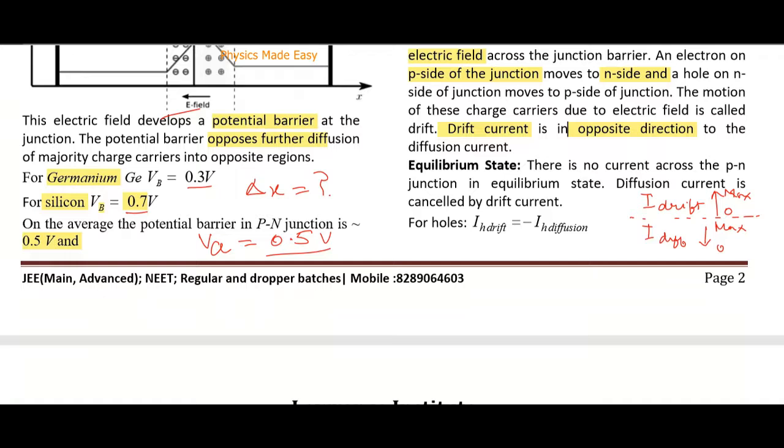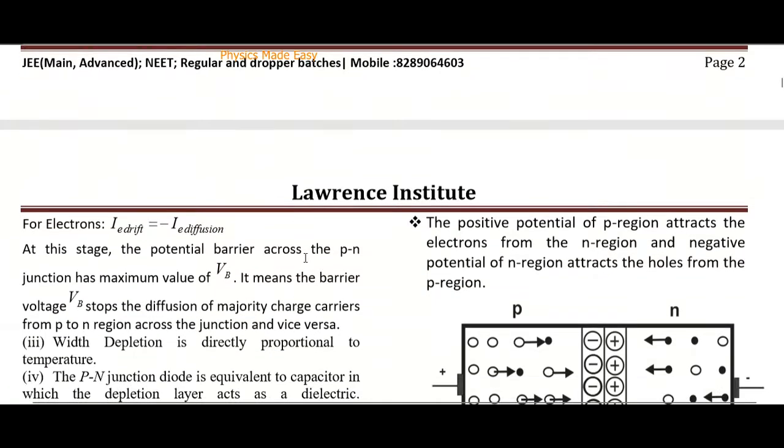I_H drift is equal to minus I_H diffusion. This is for holes. Same holds true for electronic current. For electrons, I_E drift is equal to minus I_E diffusion.